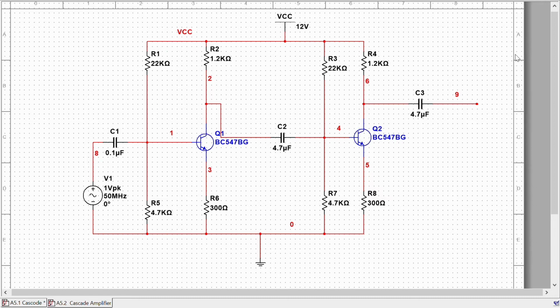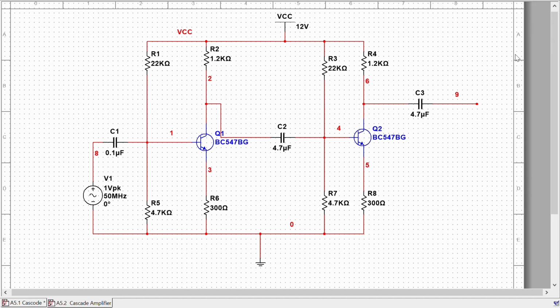The base of Q1 is connected with C1, which is 0.1 microfarad, and the negative of C1 is connected with the function generator, which is 50 megahertz. Usually the function generator is used to change the frequencies in the circuit, which results in the CRO output.